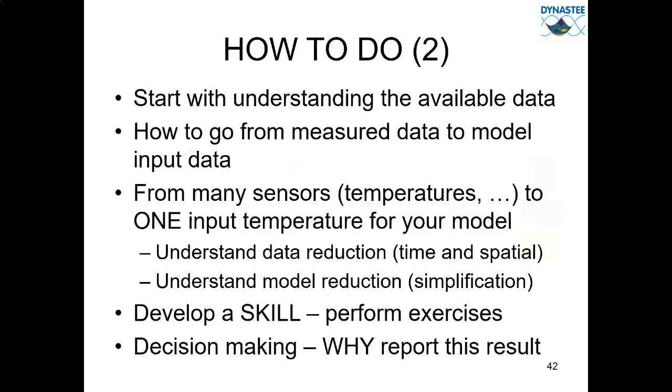So start to understand the available data by plotting it and apply the average method. And then you should think about how you go from measured data to model input data, as explained in the pre-processing part. How to go from many sensors, like indoor air temperatures, for example, to one input air temperature for your model.